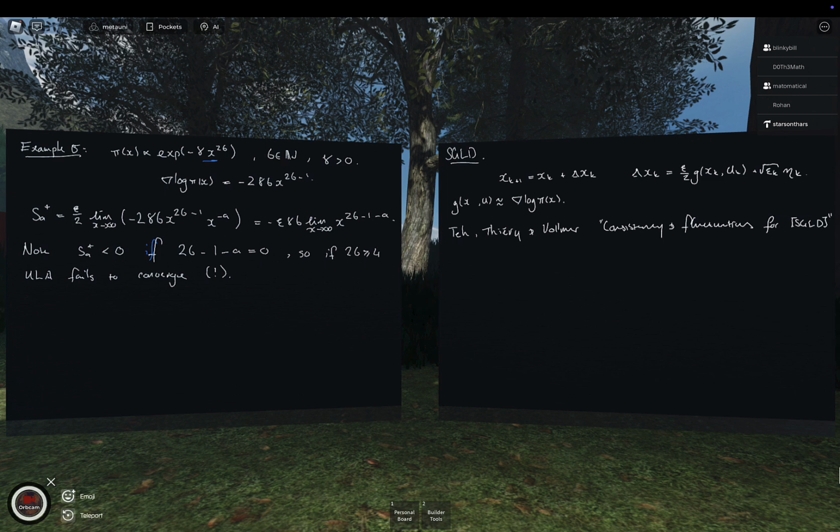Cool. Basically, this paper imposes assumptions that imply a degree of regularity of the model. So this is the setting that they consider SGLD in.